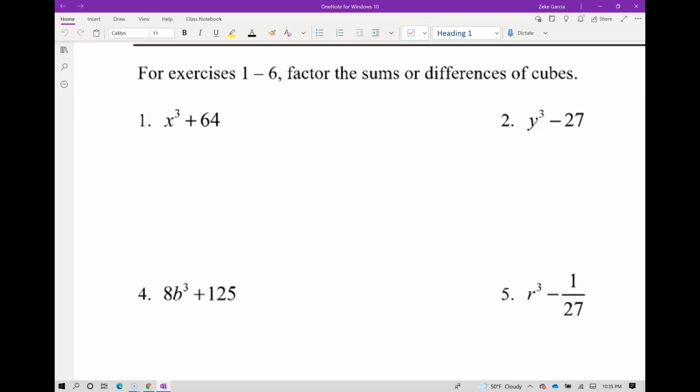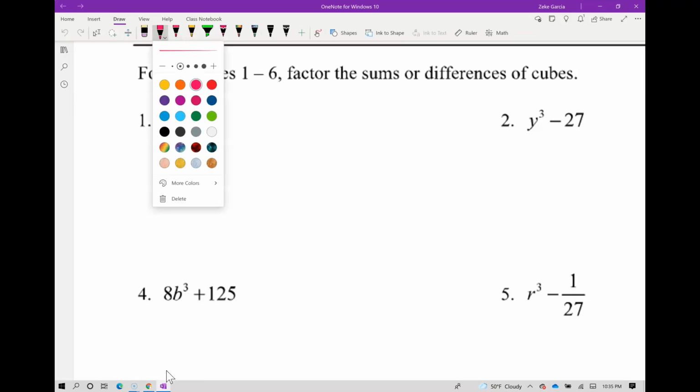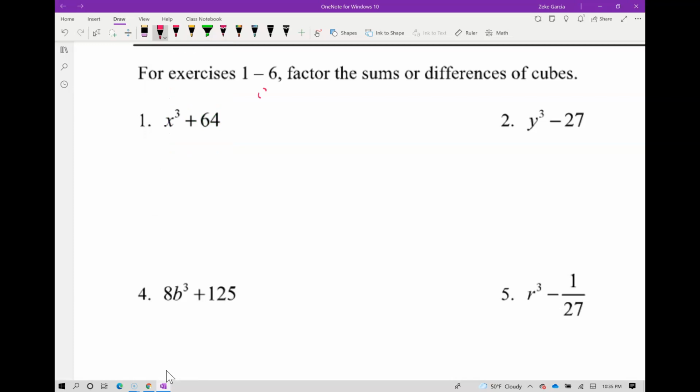So remember that you want to use the formula. If it's a sum of cubes, then it's probably good to refer back to the formula. The formula, I'm going to go ahead and write it here, is a cubed plus b cubed. And it's pretty simple to remember. It's just going to be a plus b.